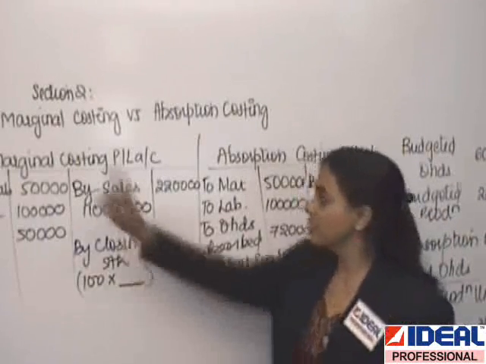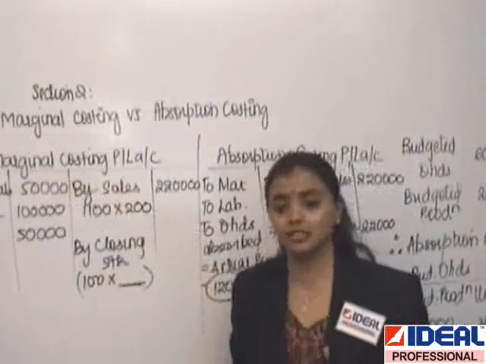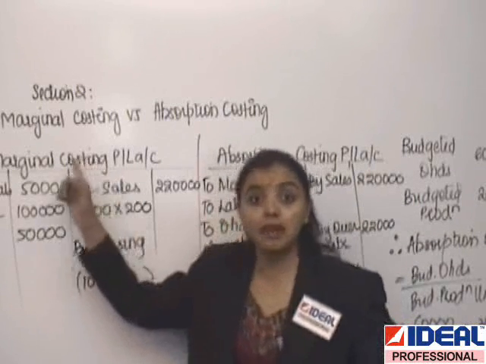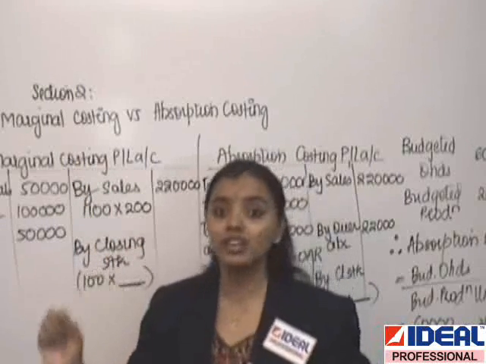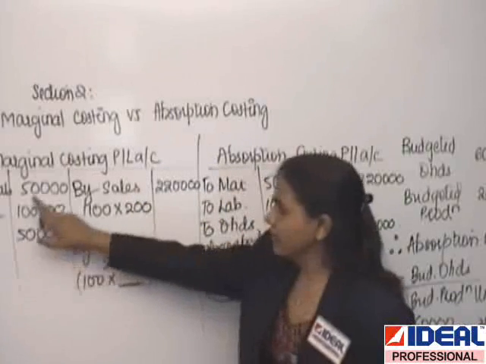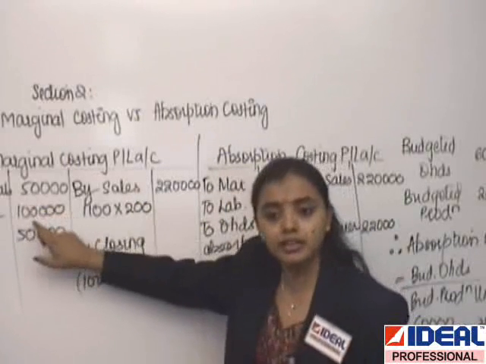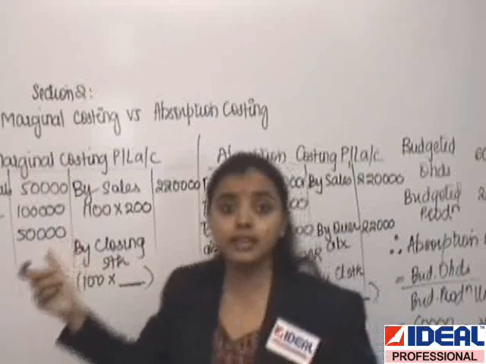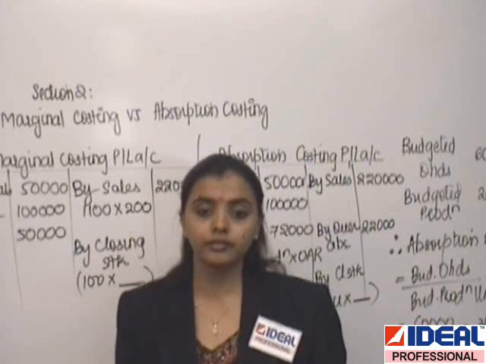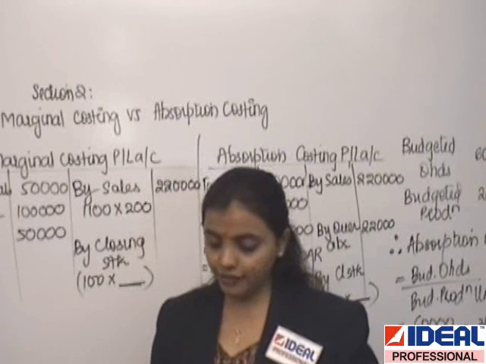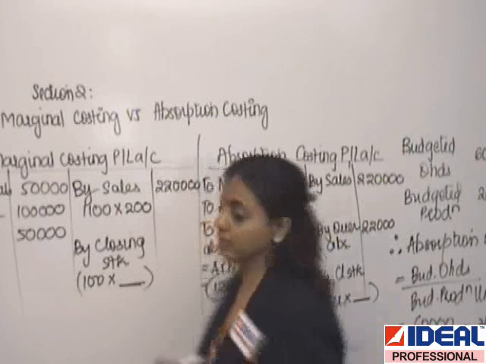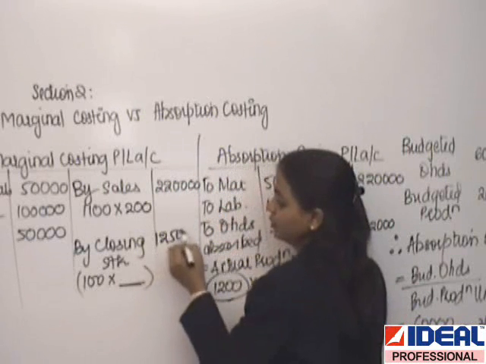अब marginal costing, the name itself suggests it is variable cost. We will value closing stock in marginal costing at its variable cost only. तो मुझे बताओ, ये जो 1.5 लाख का खर्चा, variable का खर्चा तुमने 1200 units के लिए किया है, तो 100 units के लिए कितना होगा? 1,50,000 divided by 1200 into 100, you get 12,500 as the value.